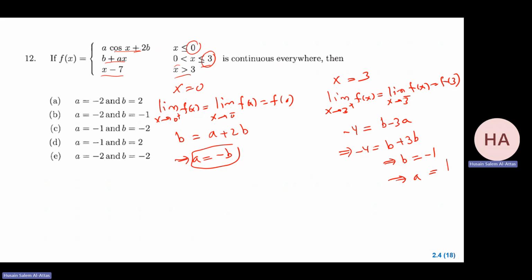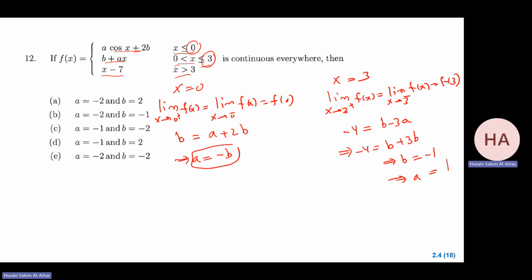Did we make a mistake? He said minus 2 and 2. Wait a minute. Yeah. 0 from right, I am here. That will be b. Okay, 0 from left, I am there. Cosine 0 is 1, so I have a plus 2b. A plus 2b, that means a equals minus b.